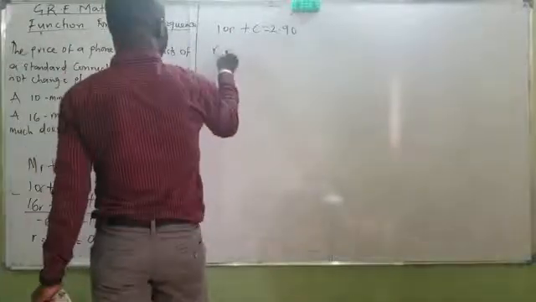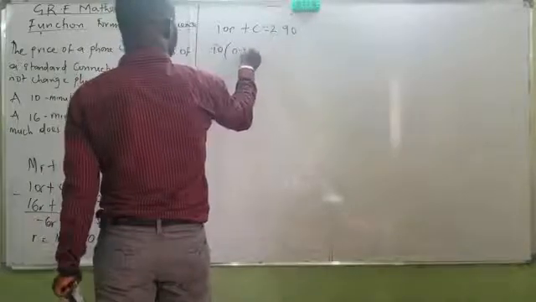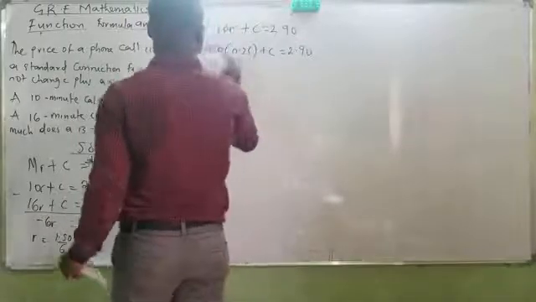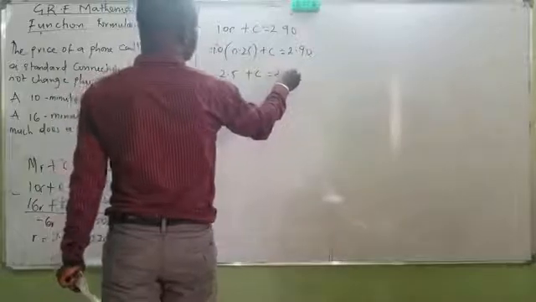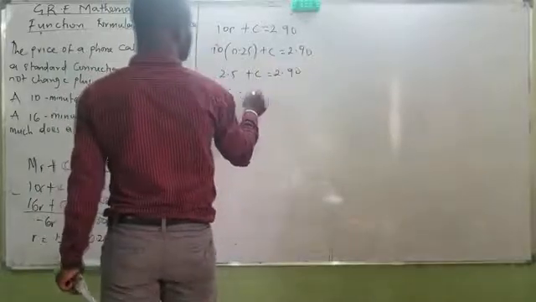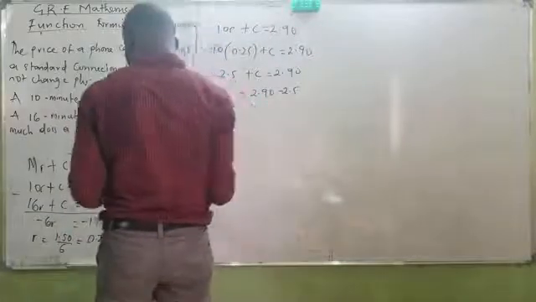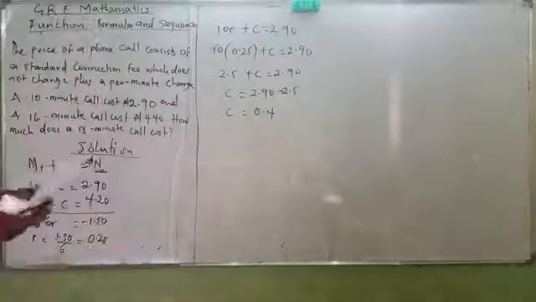I have 10 bracket of 0.25 plus C equals 2.90, which gives 2.5 plus C equals 2.90. C equals 2.9 minus 2.5, so I have my C as 0.4.